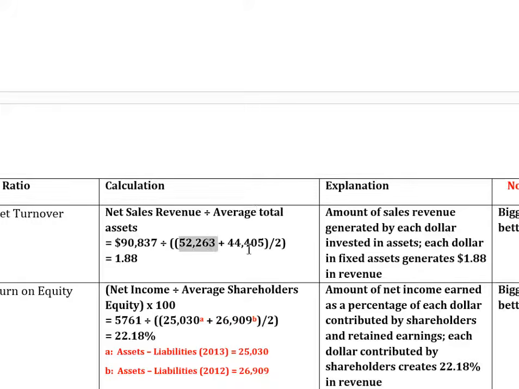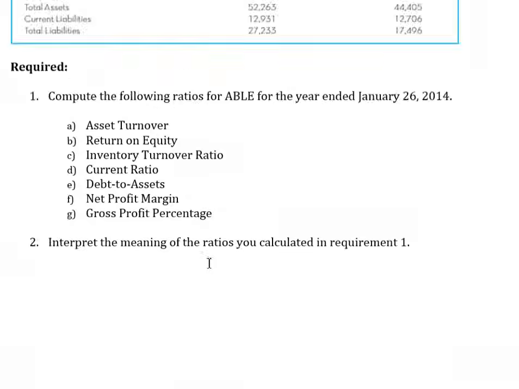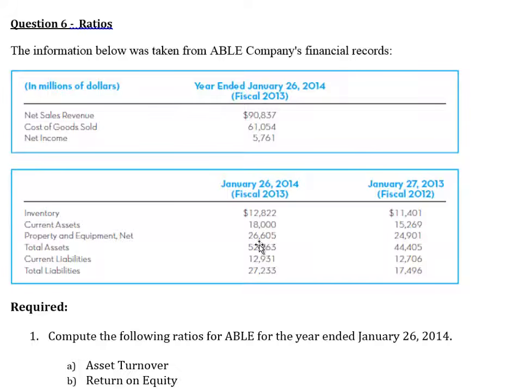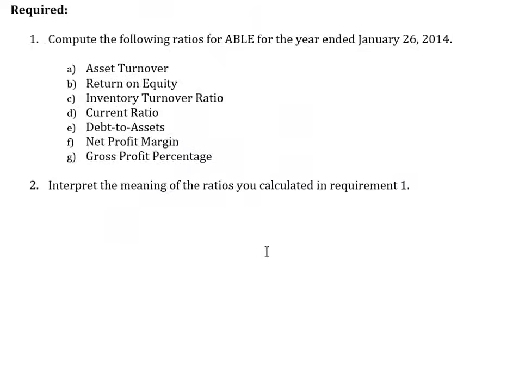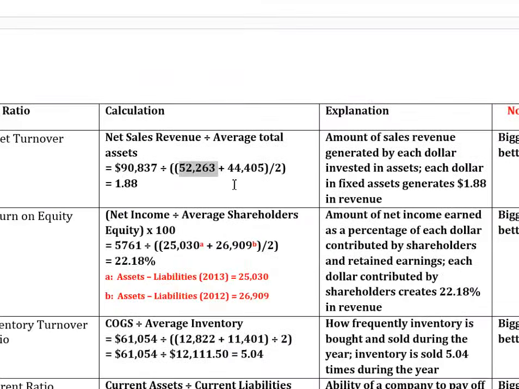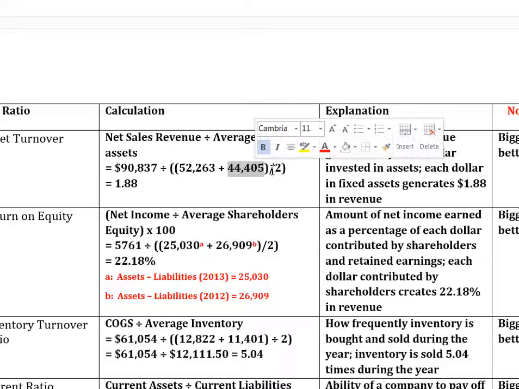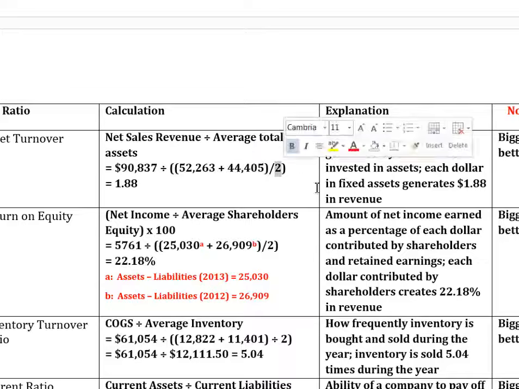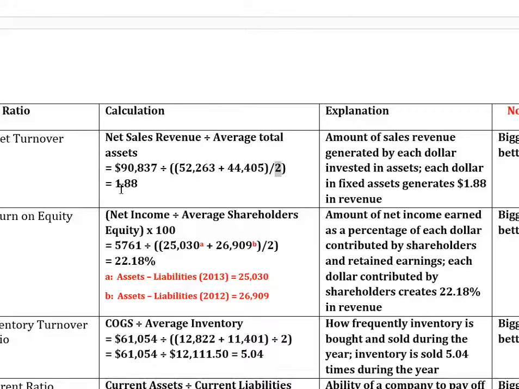So now if I go here, I've got the balance, 52,263, and you'll see that's the ending balance. And then I'm going to add it to the opening balance and then divide it by 2. And when I do that calculation, I'm going to get 1.88. What does that mean? It tells us, first of all, just the ratio in and of itself.